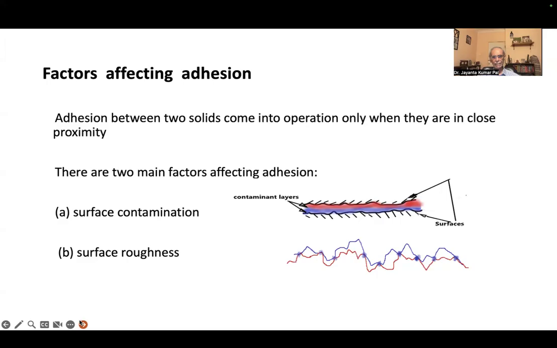And these layers will not allow the two surfaces to come within a few angstroms for the intermolecular forces to be operative. And the same applies for surface contamination and surface roughness. If surface roughness is large, then of course the same problem will occur. The two surfaces will not come into contact very closely, and surface molecular forces will not apply.